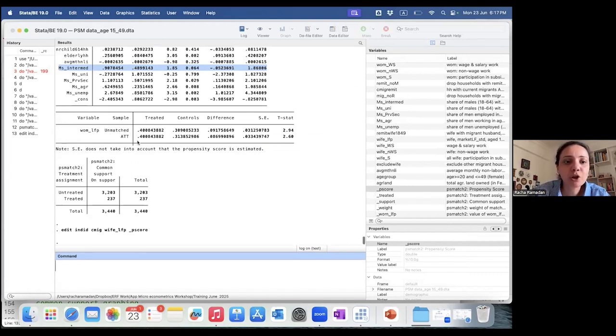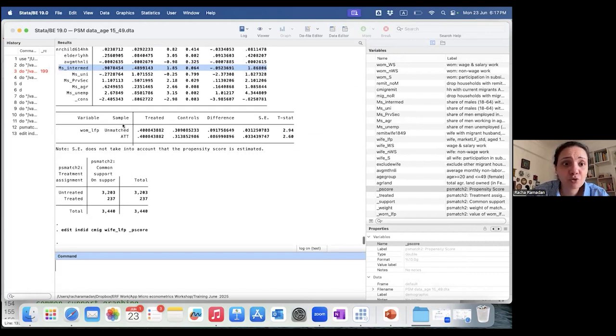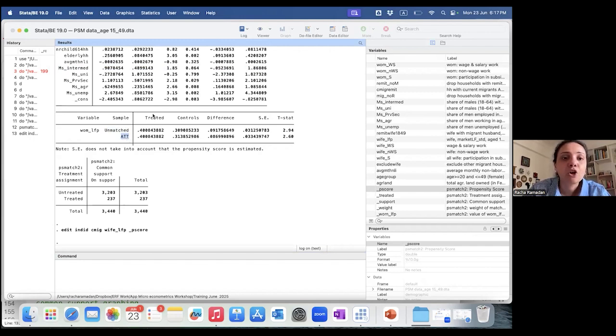So in the second part of the output of the PS match 2, we have your variable of interest, which is women labor force participation. Here you have the unmatched, and here you have the average treatment on the treated. So you have the average value of women in the labor force for the treated, and then the average value of the control observations.